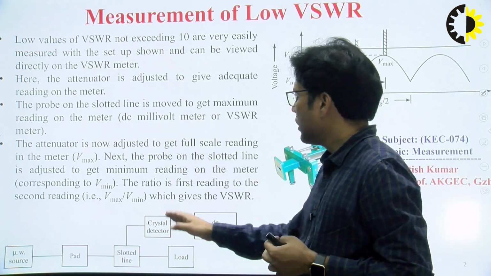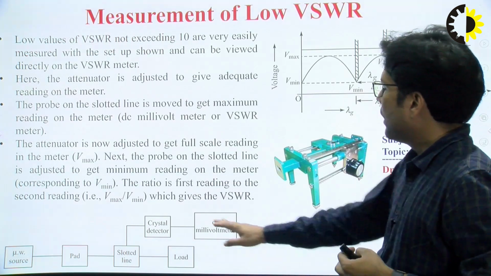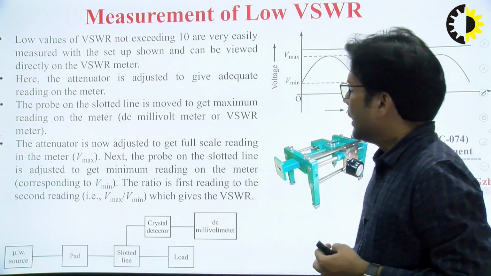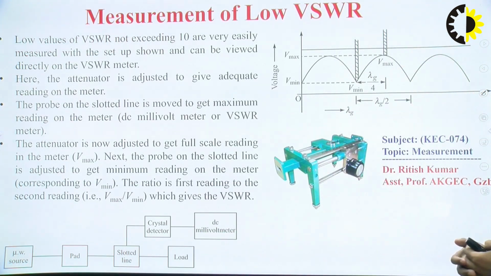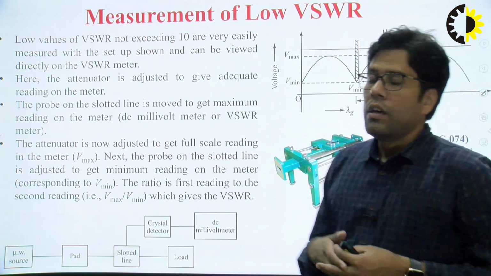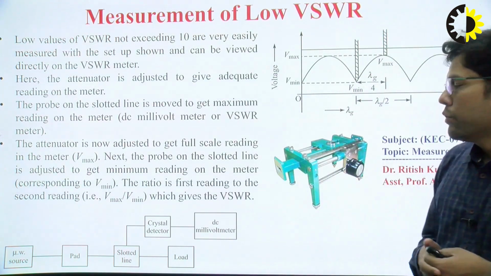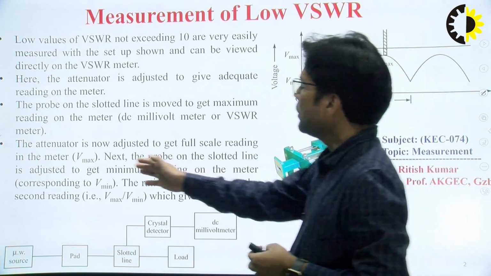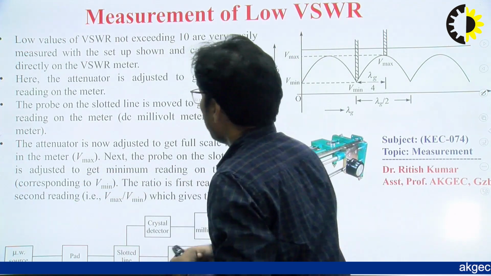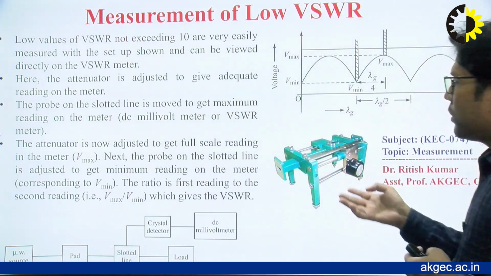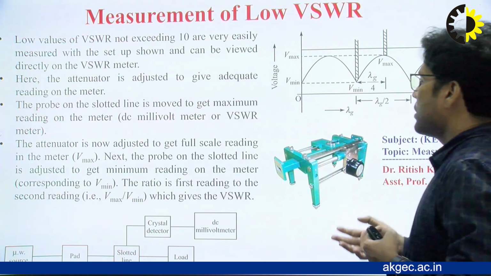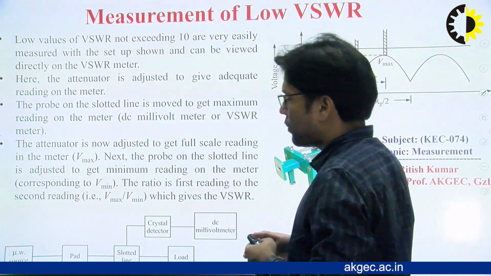Through the crystal detector we detect the power, and we are able to see the power through some measuring device such as a VSWR meter, multimeter, and CRO as well. This is the setup block diagram to measure different parameters such as VSWR and reflections.